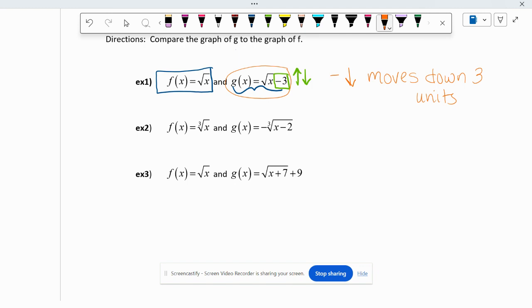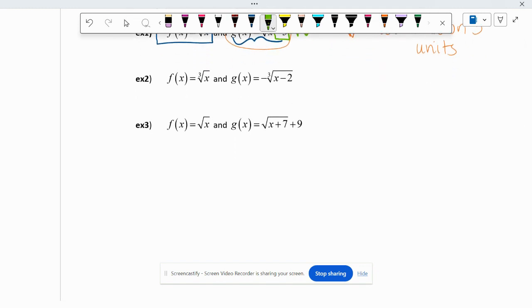Moves down 3 units. Okay, let's look at example number 3. So example number 3 has a plus on the inside. Well, if I have a plus on the inside, I move left, and a plus on the outside, up. So this is going to move left 7 units and up 9 units. Left 7 and up 9.